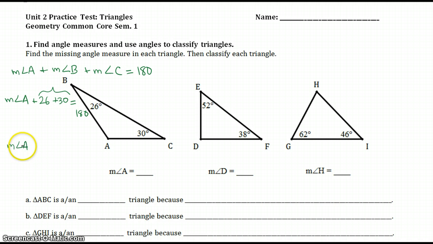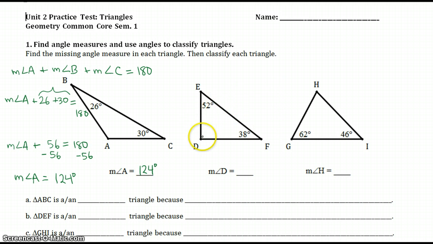So we know the measure of angle A plus 56 equals 180. And then we just need to subtract 56 from each side of the equal sign. And we get measure of angle A equals 124 degrees. So this is 124 degrees.